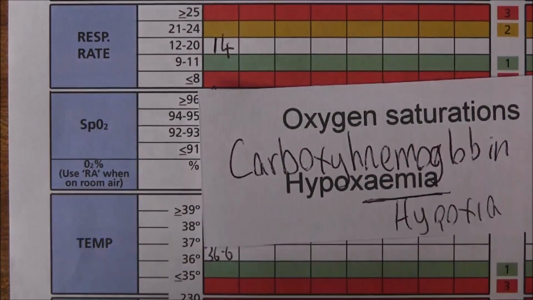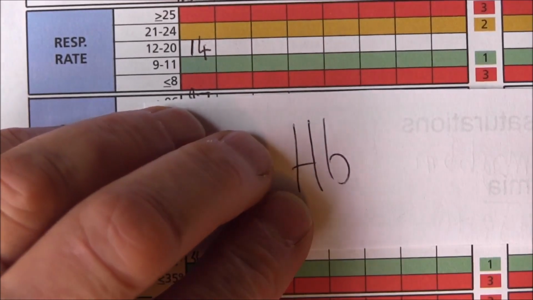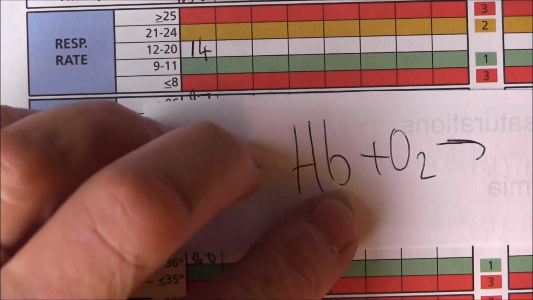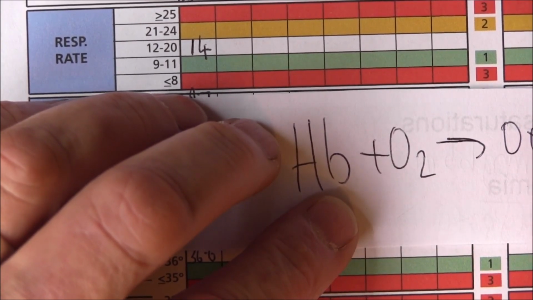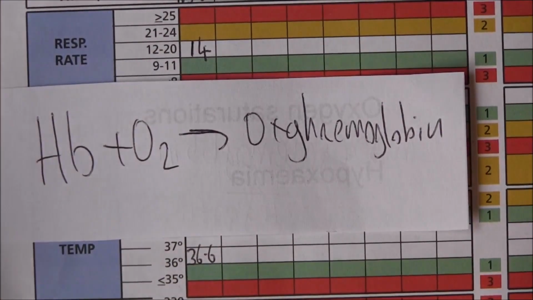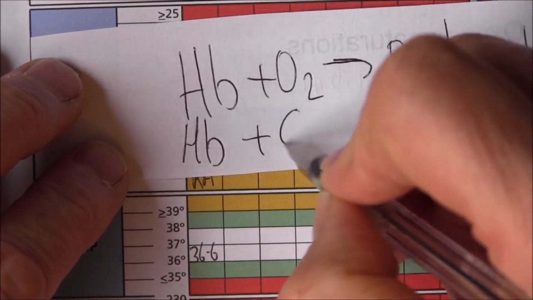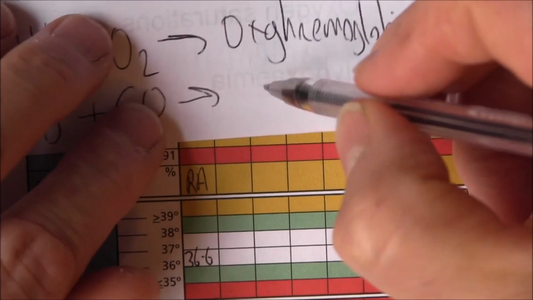Now, what carboxyhemoglobin is, it's a combination of the hemoglobin and, well, first of all, hemoglobin plus oxygen gives us oxyhemoglobin, which of course is completely normal. But the hemoglobin, if it combines with carbon monoxide, CO, carbon monoxide, that gives us this carboxyhemoglobin.